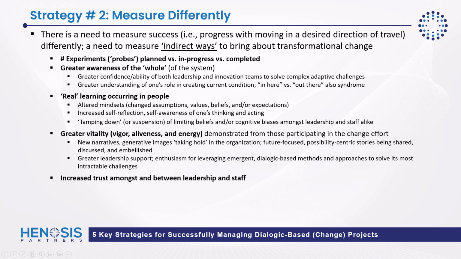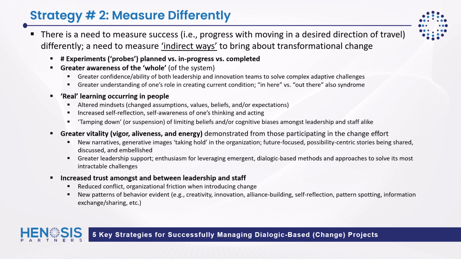We could measure whether there's increased trust amongst and between leadership and staff. So, for example, we could measure whether there's reduced conflict and organizational friction when introducing change. We could measure whether there are new patterns of behavior, such as increased creativity, new innovations, alliance building, self-reflection, pattern spotting, and information exchange and sharing.